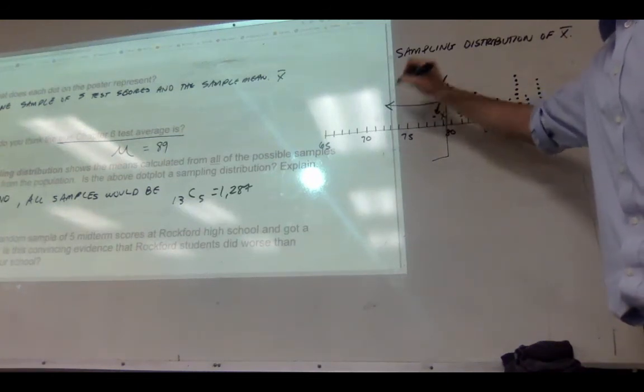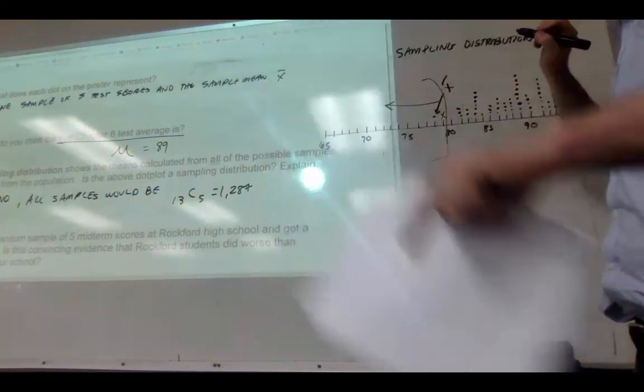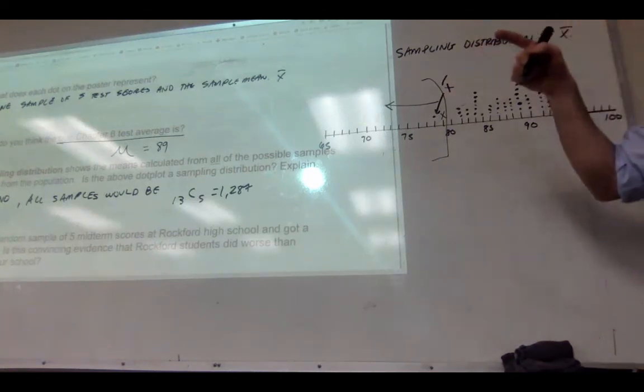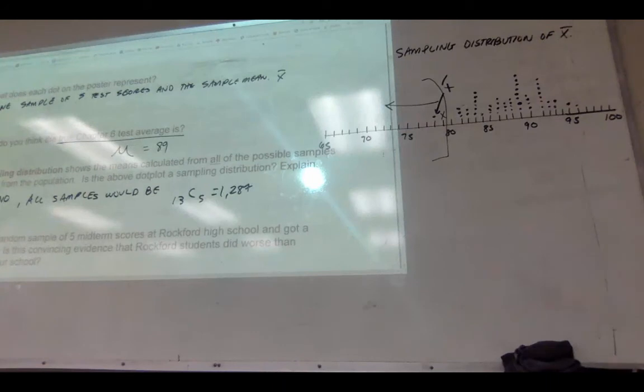What we're evaluating is the likelihood that their class average would be that low by chance, like ours. So there's only a 2.5% chance that ours was that low. That's not very likely, so it's likely that ours is higher. Okay, that's the concept that we're working behind.